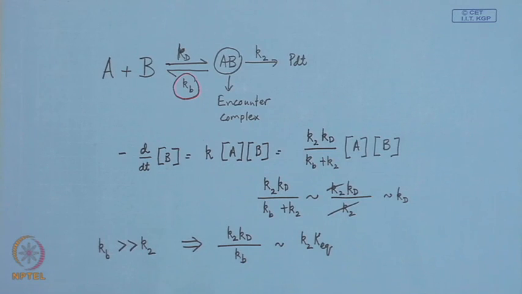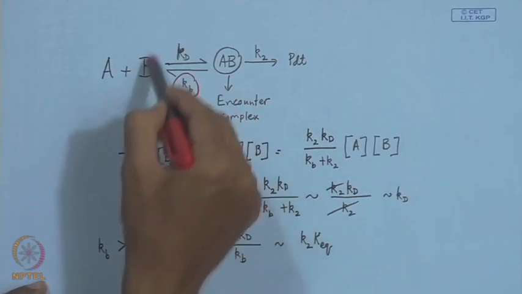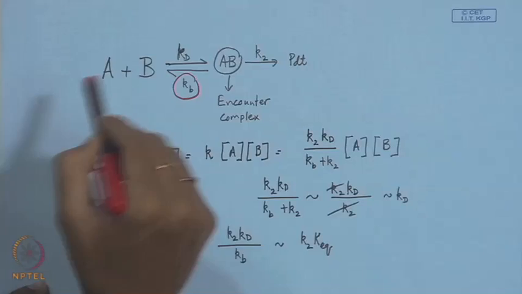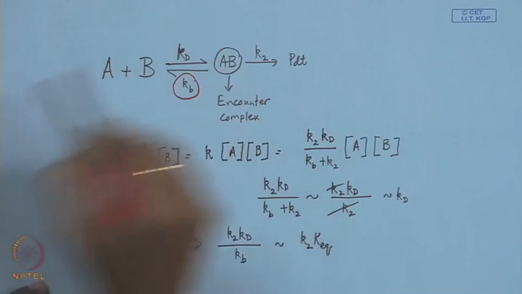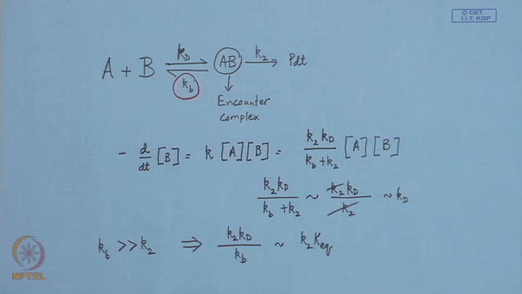So, these two situations are different. In one case it is diffusion limited; in the other case it is not diffusion limited, but a fast equilibrium, a quick equilibration between the reactants and your encounter complex. There is an equilibrium between them.